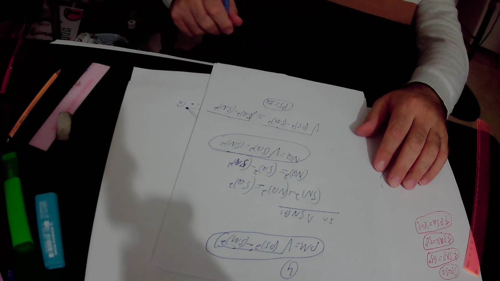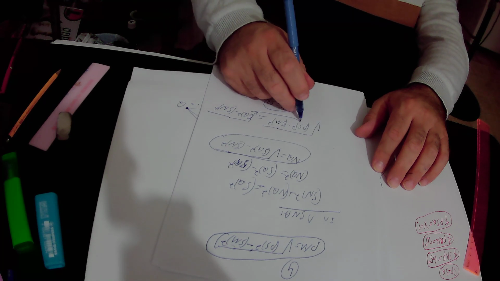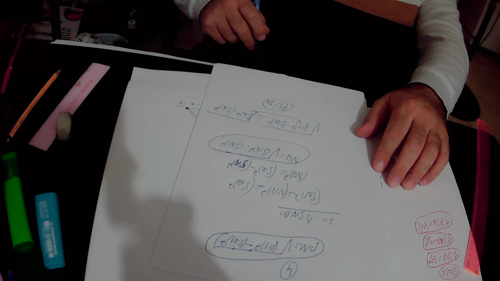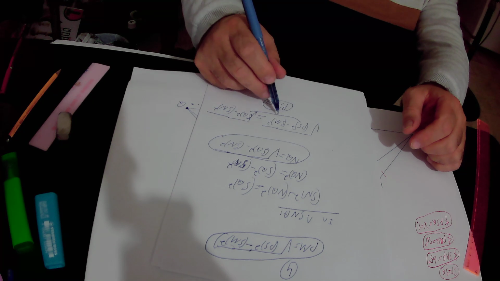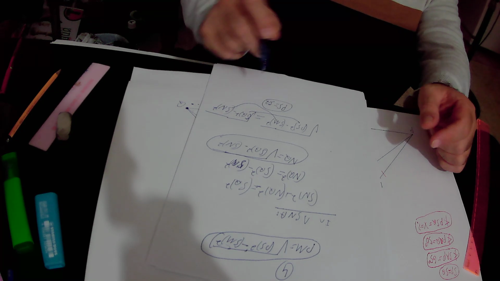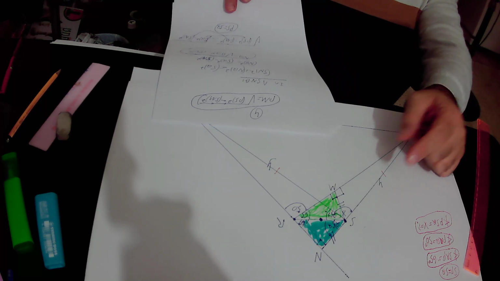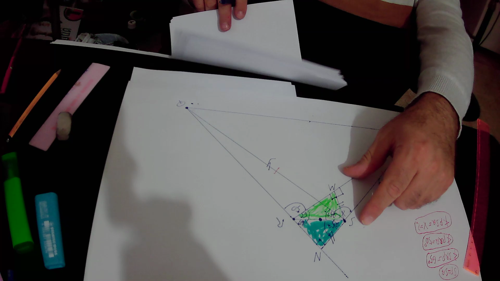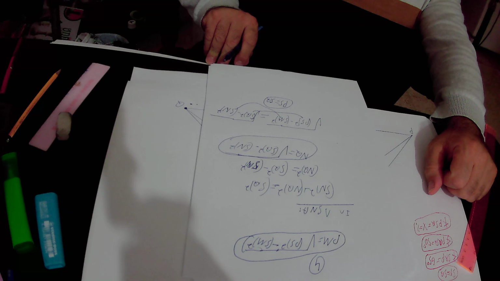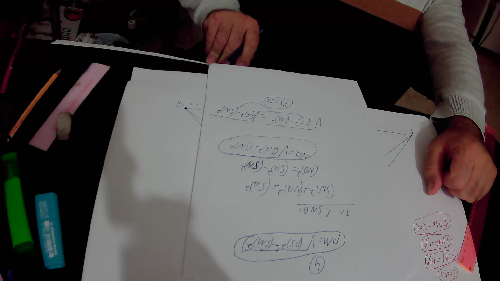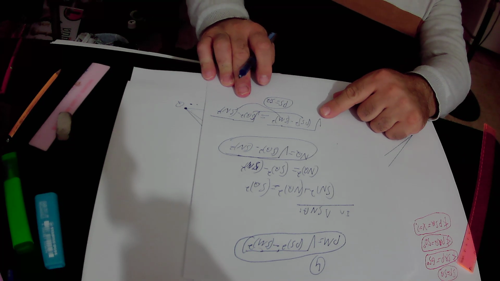So those two expressions are equal to each other, and SM is also equal to SN. We have already proved that SM equals SN. Okay. Therefore, we proved that those two expressions are equal to each other.